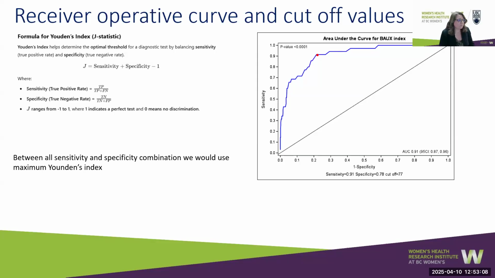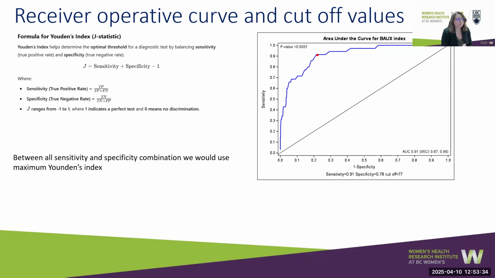Here, the maximum Youden statistic showed my sensitivity is 0.91, my specificity is 0.78, and the cutoff point of bow index associated with this sensitivity and specificity is 77. So basically, those who came to the hospital with a bow index of 77 have a higher risk of dying.